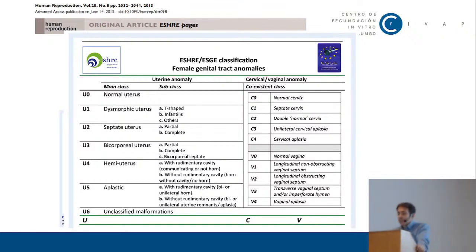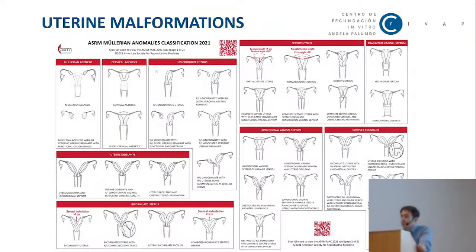This is the ASRM classification from 2021. It differs from the first. The classes don't have numbers, and they're classified by the names that we usually use with all the variants.